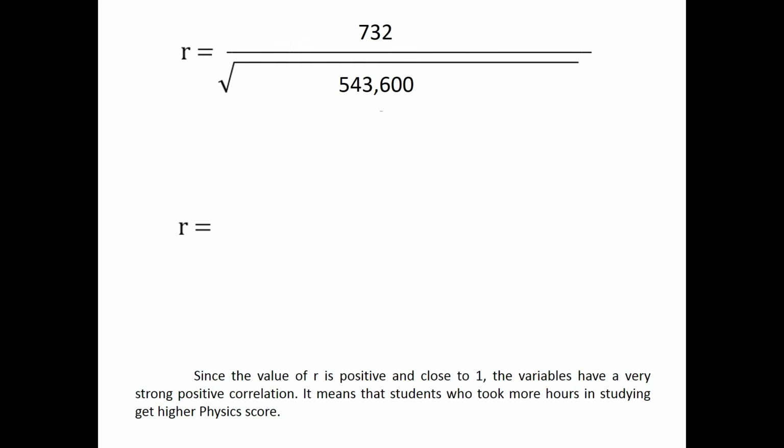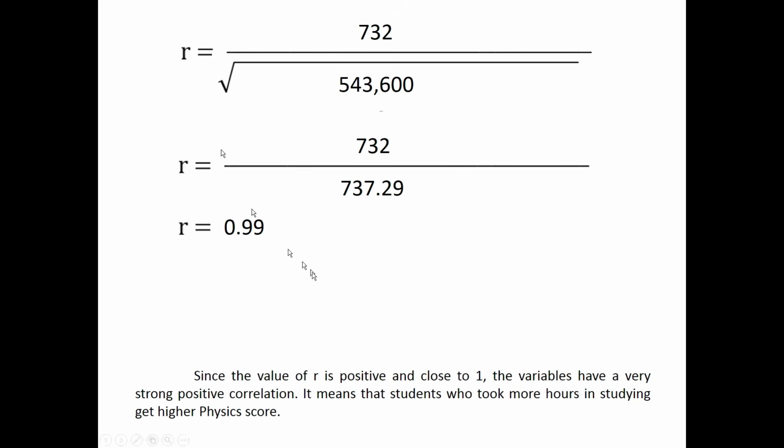So we're going to continue this. The square root of 543,600 is 737.29. So we copy the numerator, 732, divided by 737.29. Right? Pwede na natin siyang i-divide. The answer would be 0.99.